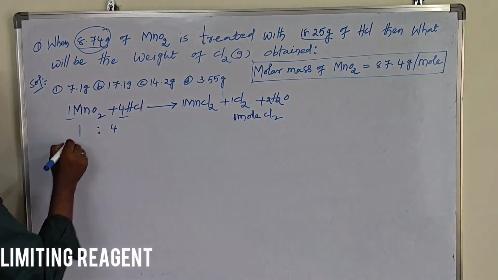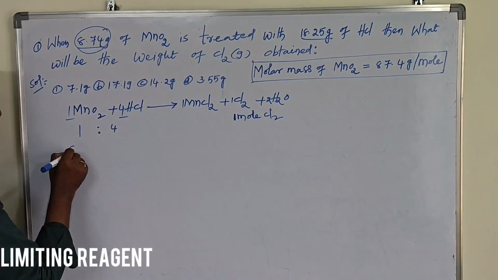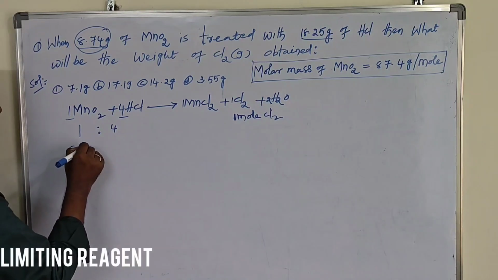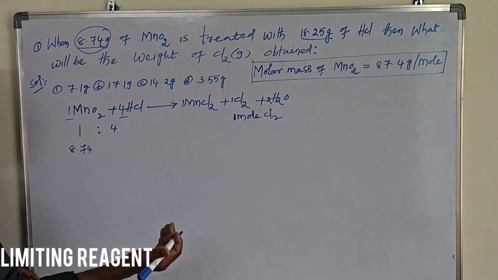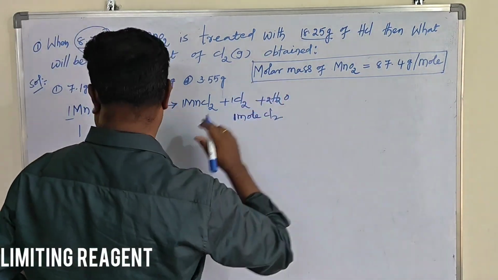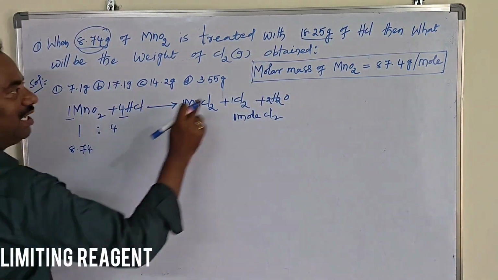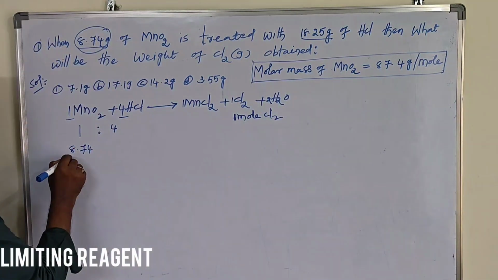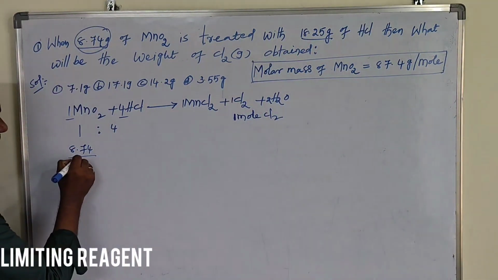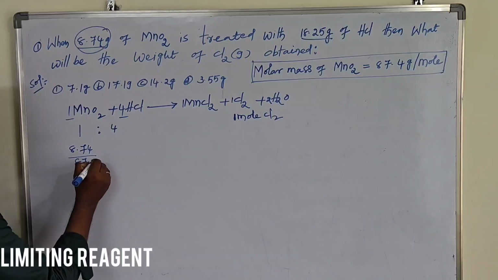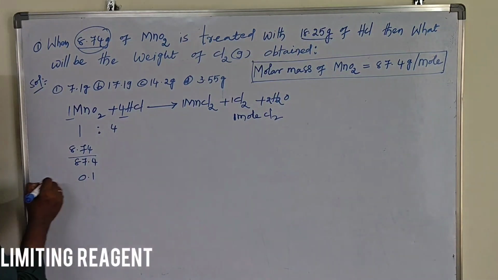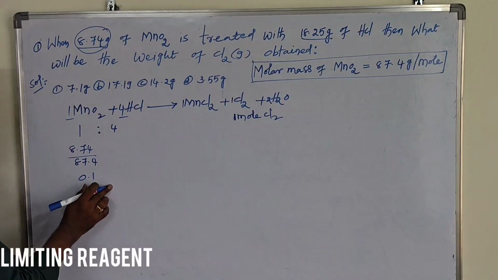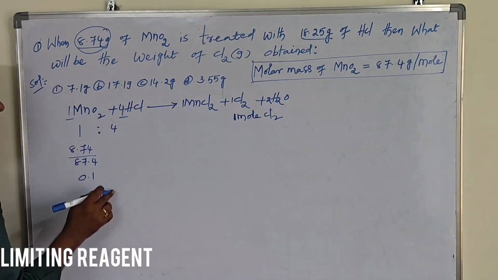The mass of MnO2 is 8.74 grams. I want to change this mass into moles. Given mass divided by molar mass equals moles. 8.74 divided by 87.4 equals 0.1 mole of MnO2.